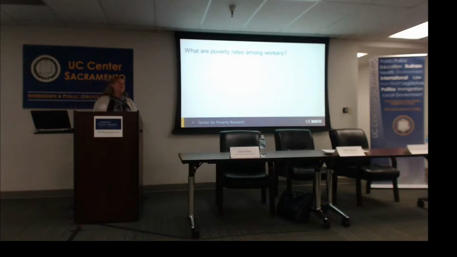So there's a flip side, another way that many people think about the relationship between work and poverty. So I've been showing you, if you take the poor population, you can ask how many of them are working. But another approach is to say, if we look at all workers, how many of them are poor? And you can sometimes get a different picture, and I think it's important to acknowledge that.